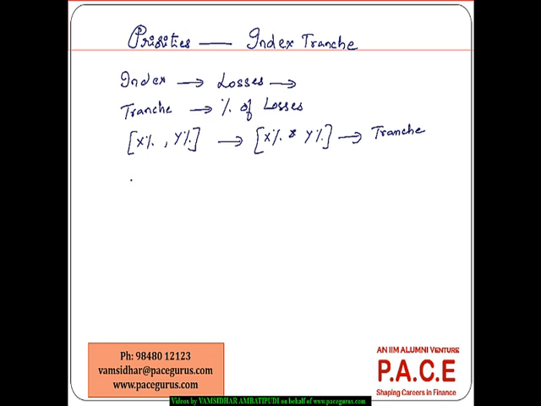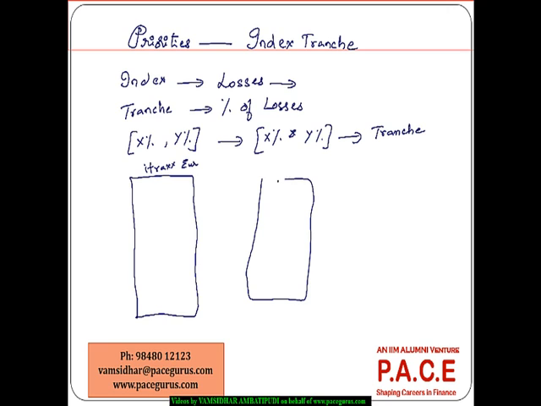Okay, I'll create a structure, let's say, for the tranche. Let's say we are talking of iTraxx Europe, or we talk about CDX NAIG. Whatever they are, there is a tranching happening.